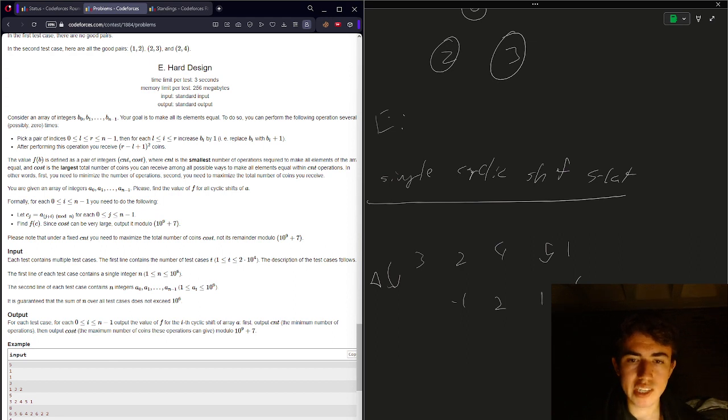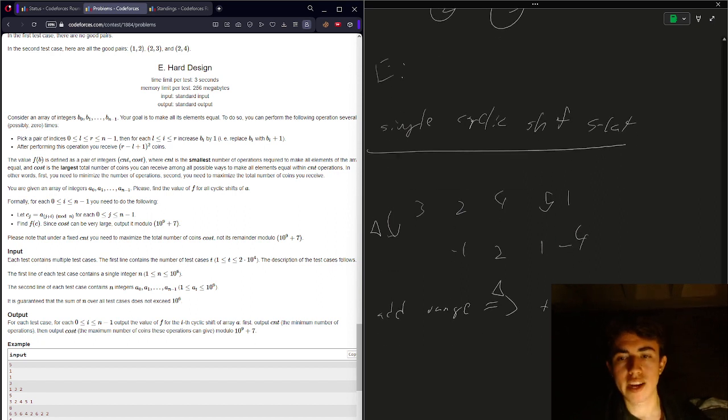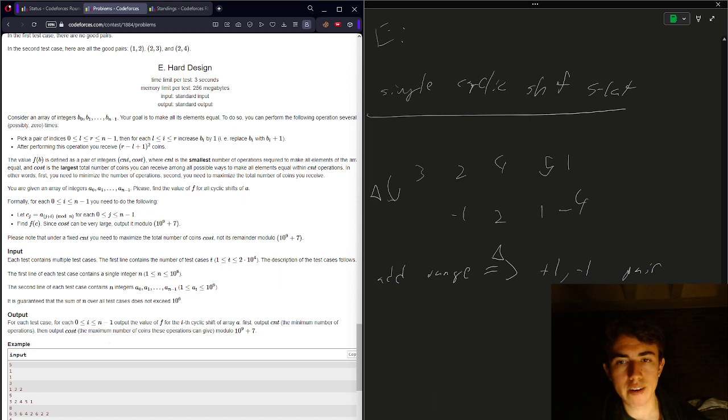Alright, this transforms the operation into what? Adding 1 and subtracting 1 to a pair. And then the question is, what is the smallest number of operations to do that?